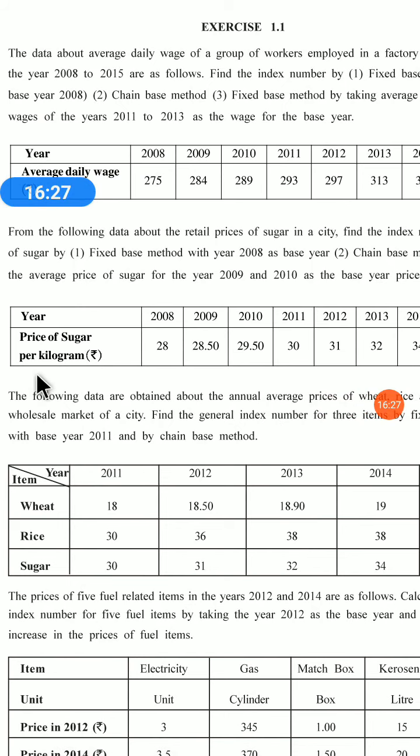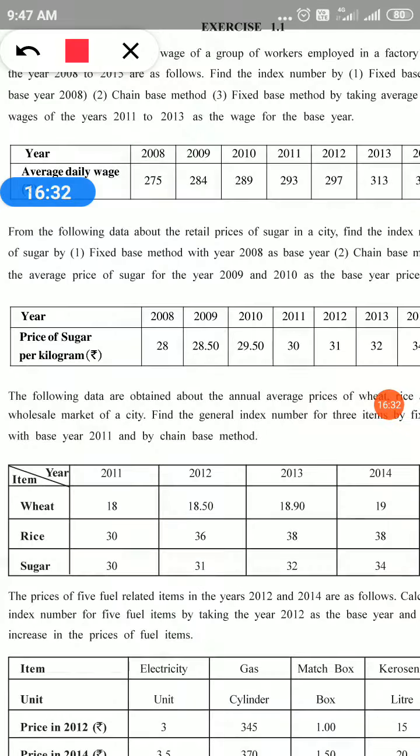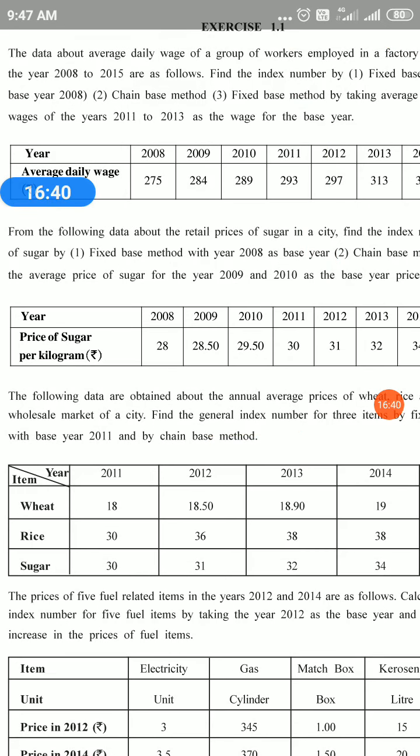Find the general index number for the 3 items by fixed base with the base year 2011 and by chain base method.